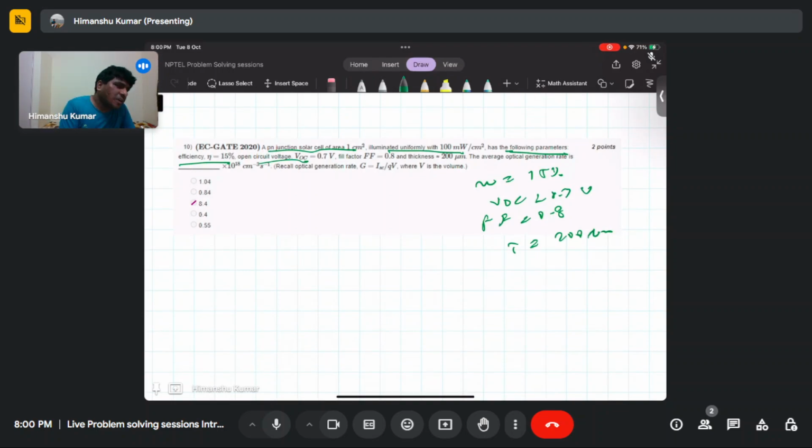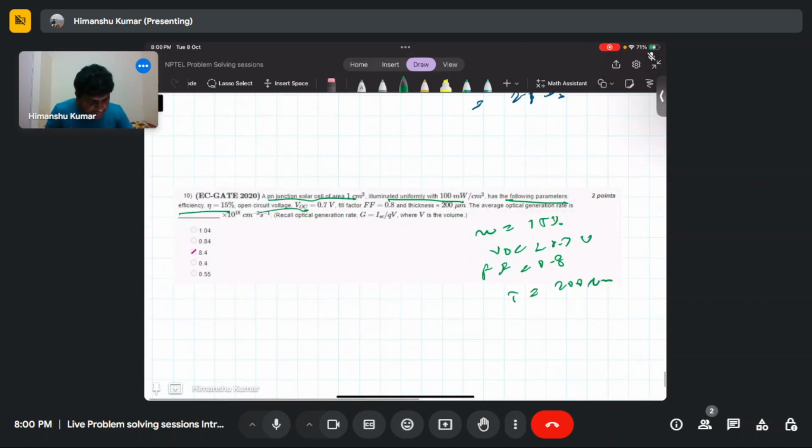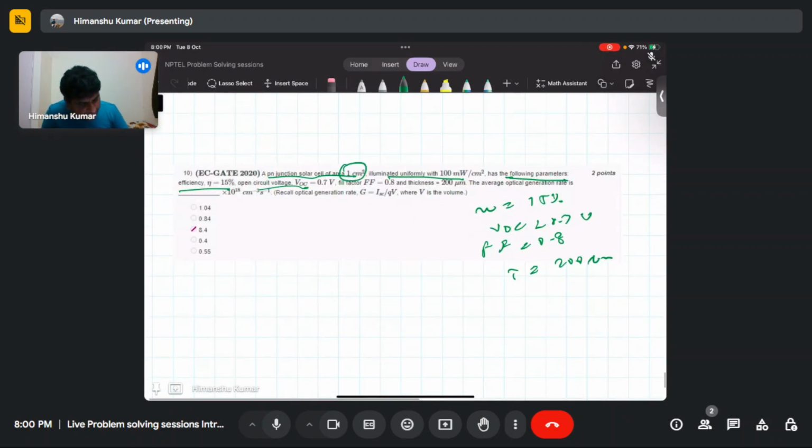Basically, the area is given and the thickness is given, so you can calculate the volume.